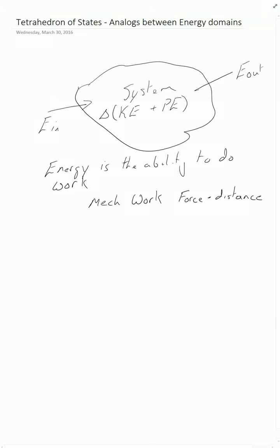We also think about kinetic energy as 1/2 mv squared. This also can be written in terms of momentum, p equals mv, as mv squared divided by m, which results in 1/2 p squared over m.